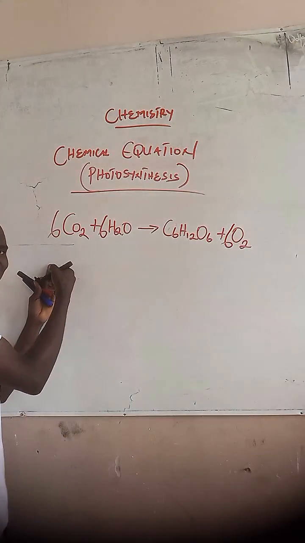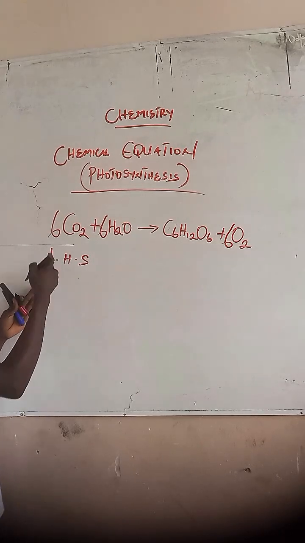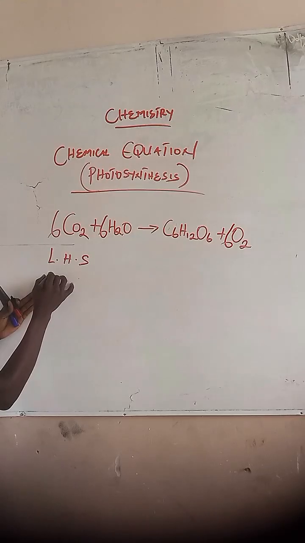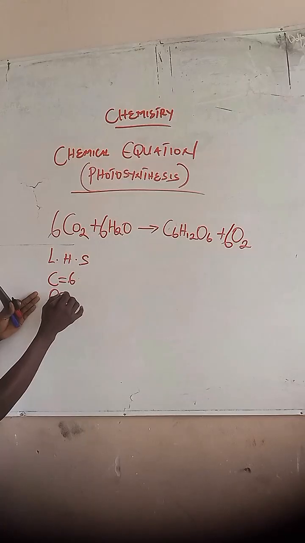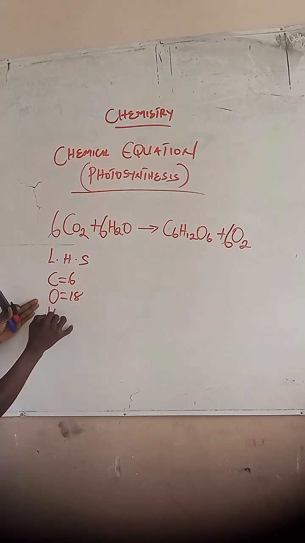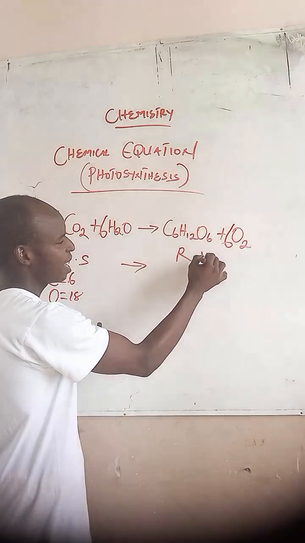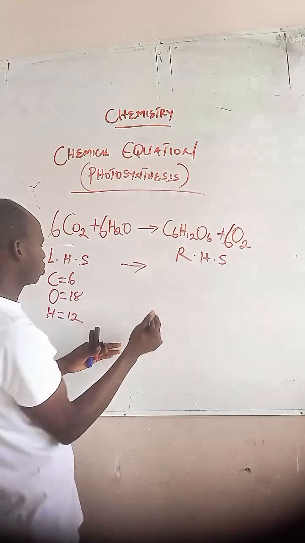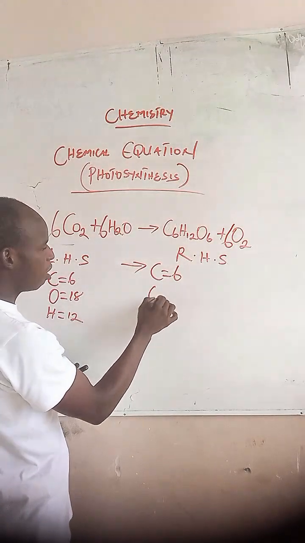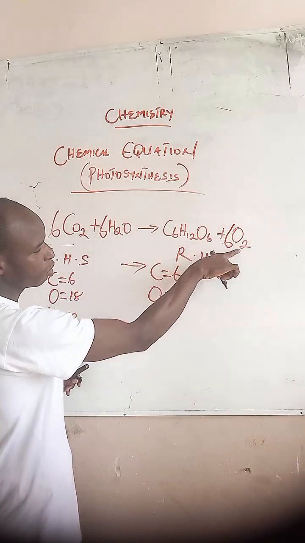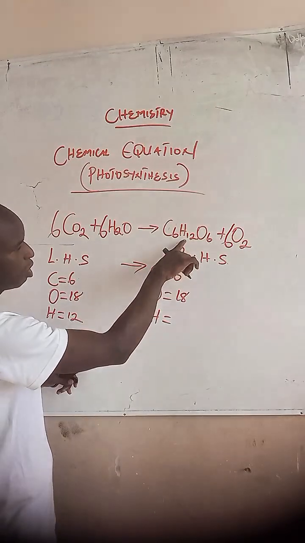So on the left-hand side, we have carbon equal to 6, oxygen equal to 18, and hydrogen equal to 12. Let's check the right-hand side. Carbon is equal to 6, oxygen is equal to 6 plus 12, making 18, and hydrogen is equal to 12.